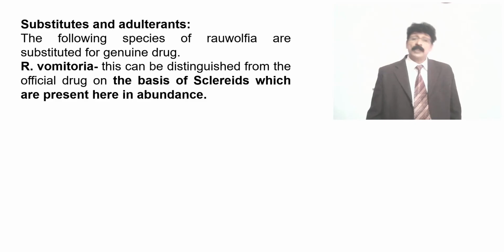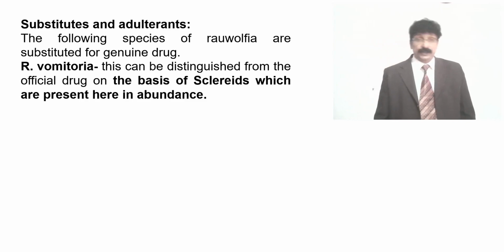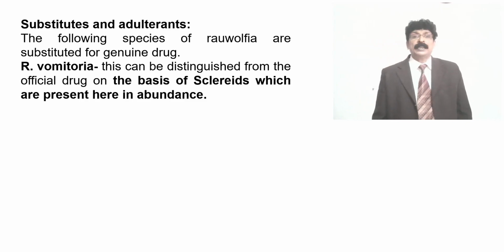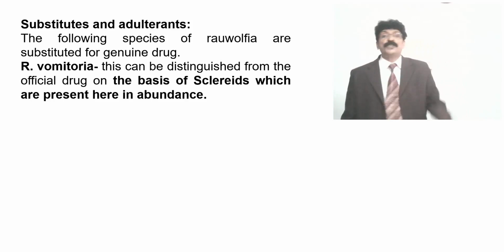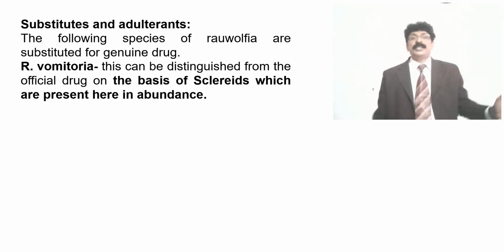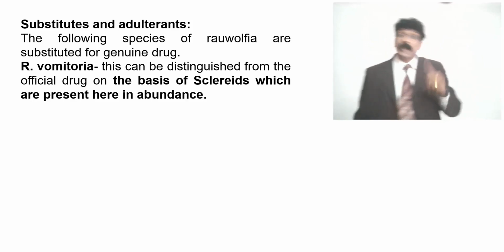So, substituents and adulterants: the following species of Rauwolfia are substituents for genuine drugs. Rauwolfia amatoria can be distinguished from the original plant or official drug on the basis of scleroids in microscopy, which are present in abundance.